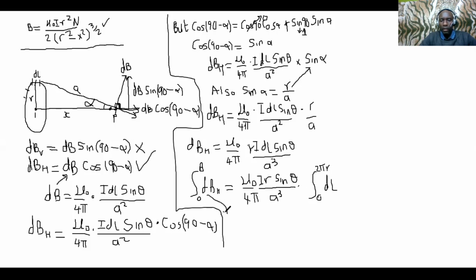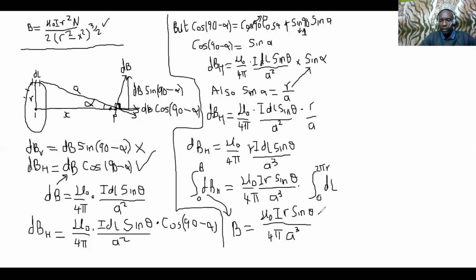Now if we integrate this expression, we are going to get B equal to mu naught I R sine of theta, divided by 4 pi A cubed.